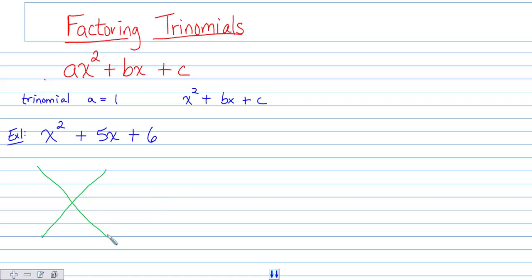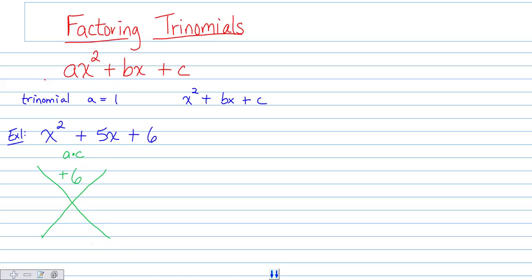That's what I like to call it. And in the top part of your x game, you're always going to do your a times your c. In this case we have a 1 here, and whenever you use 1 to multiply, it doesn't really change it, so it's just going to be the c in this case. So we have a positive 6.